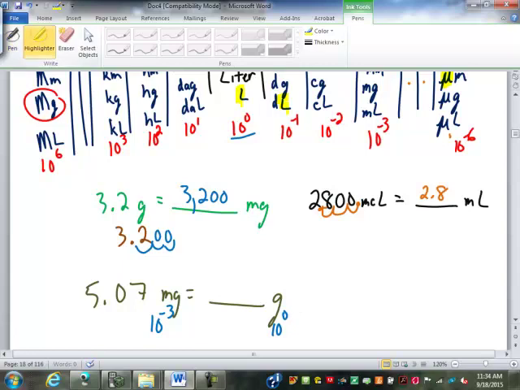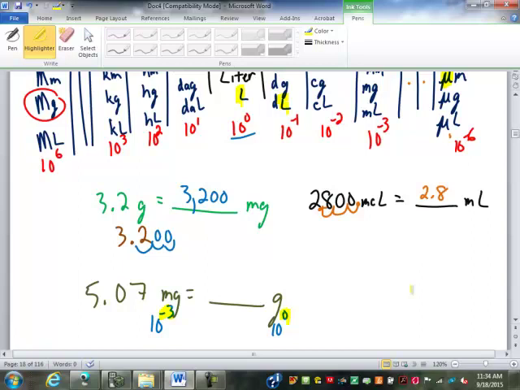So we are converting from 10 to the negative 3 to 10 to the 0. How many units is that? How many powers is that? Well, negative 3 to 0 is 3, right? So each of those units in the power is 1 decimal place. The question is, which direction?